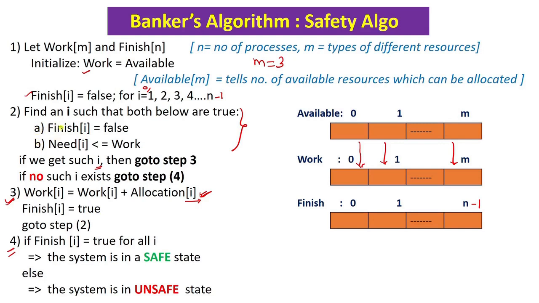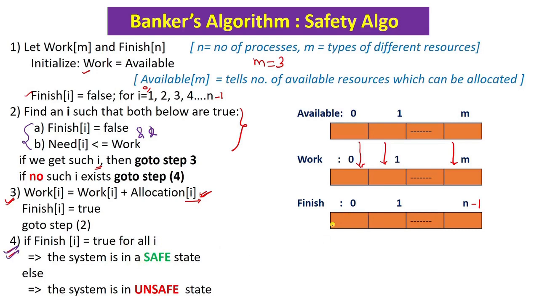Now if we come to a point where we are not able to find a process for which these two conditions are true simultaneously, like an AND in programming, then we simply come to step number 4 and check: if the complete finish array contains all true, then we say my OS, or my system, is in a safe state.